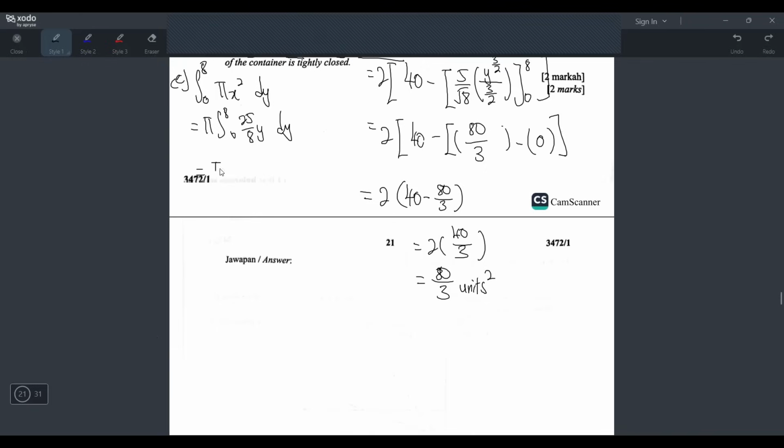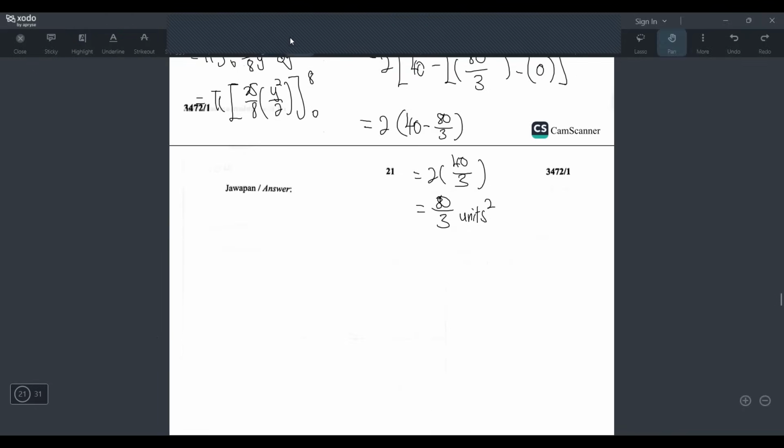Now it becomes pi, and then a big bracket, and then you integrate. 25 over 8, small bracket, integrate y, becomes y to the power 2 over 2, close bracket, 8, 0. Can we cut? Cannot cut. So straight away we substitute. We open two brackets, one to substitute 8, another to substitute 0, and in the middle must be minus.